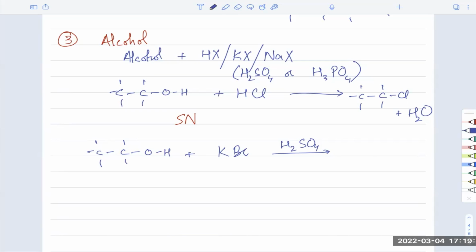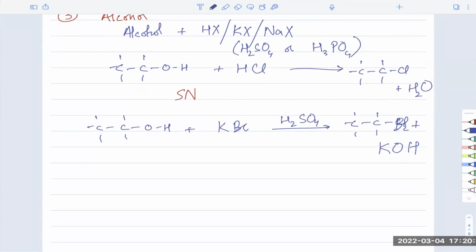In this case, I will end up with bromoethane, and instead of getting water, I'll get potassium hydroxide. If I add extra acid, it will neutralize it to produce salt and water again. So I don't get any harmful byproducts that damage my reaction. That's one method. That's nucleophilic substitution.